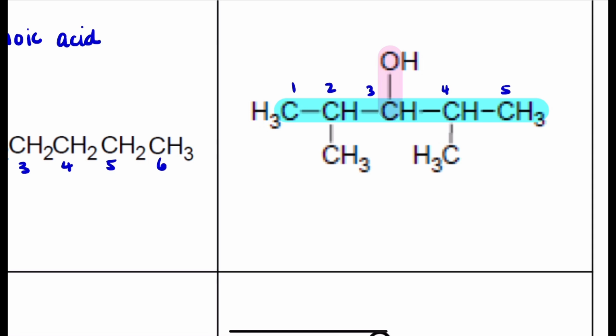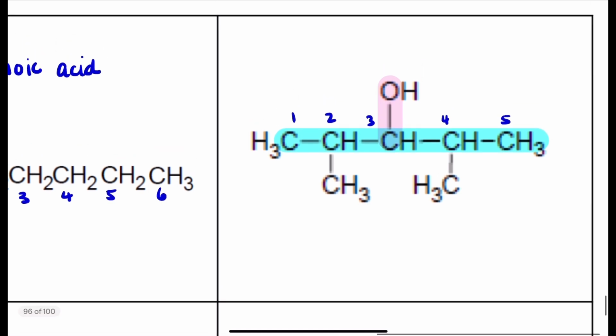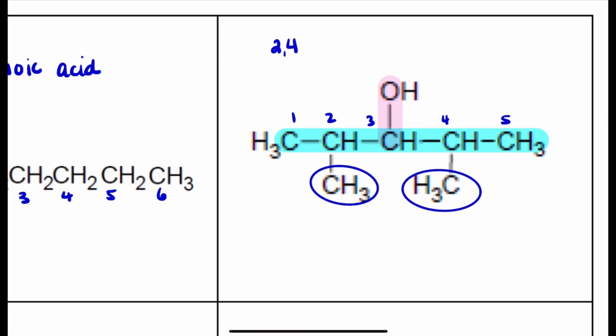So no matter what I do, I'm going to get it at the third carbon. I do have to name my methyl groups. So notice I've got 2 methyl groups here, so I've got 2,4-dimethyl. Pentane is 5 carbons, so I've got pentan-3-ol, emphasizing that the alcohol is at the third carbon.